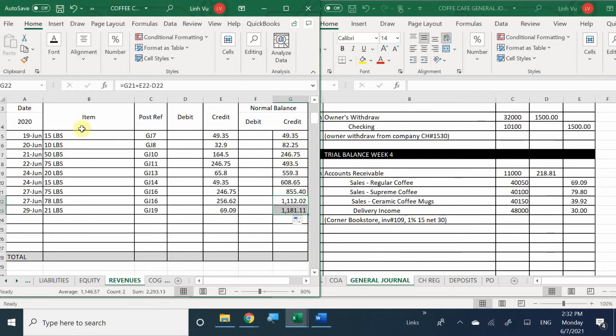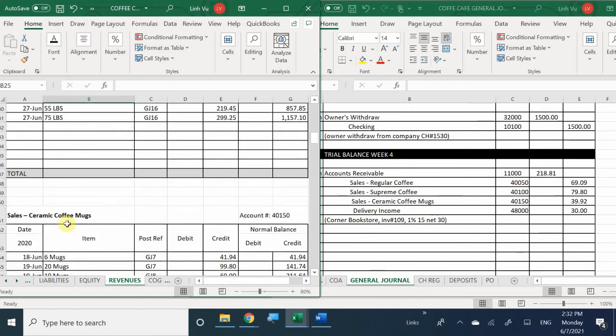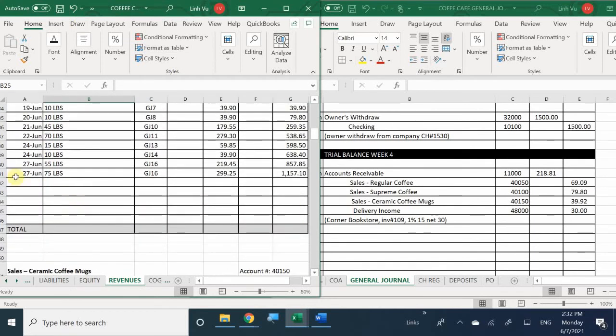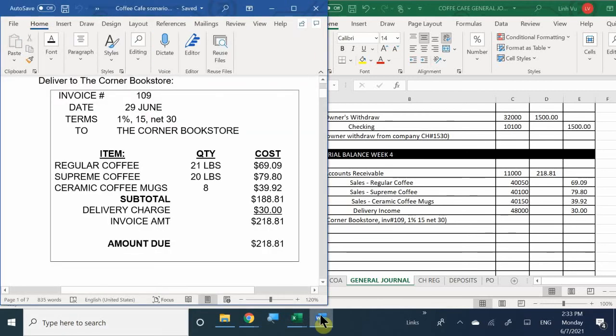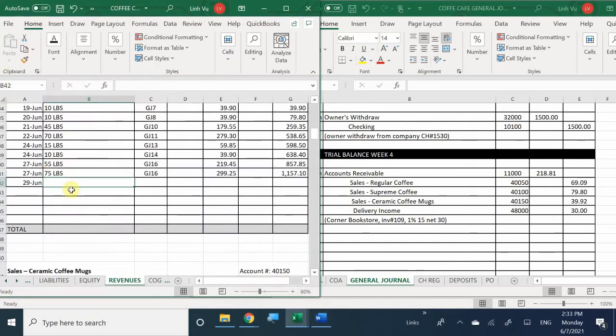Now we're going to scroll down to our Supreme Coffee. Got it. Still always put the invoice 109. We gave him 21 pounds of regular and 20 pounds of Supreme.